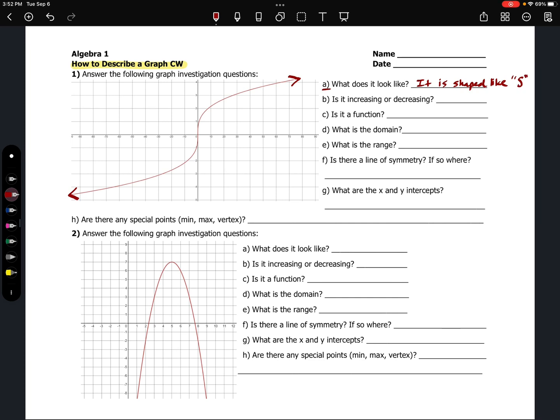Now, is it increasing or decreasing? Well, to determine that, remember, we have to read our graph from left to right. So as we are following our graph, looking from left to right, you'll see that if I trace this graph, I'm going upwards as I'm going to the right. So that means when we're going up to the right, we are increasing.